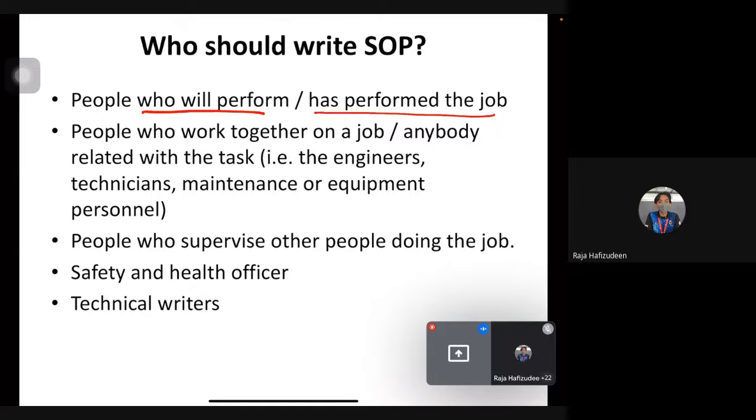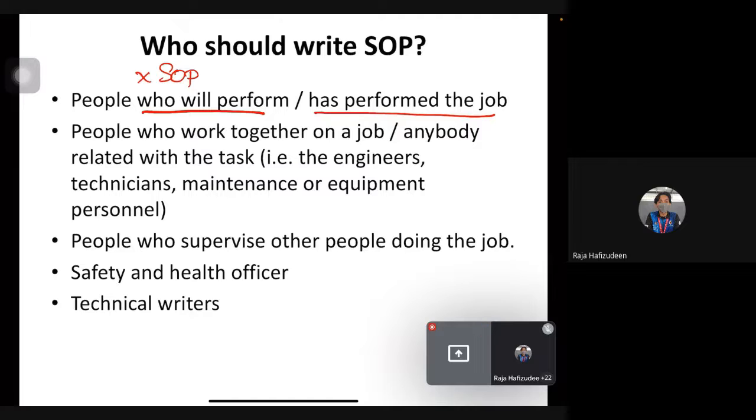Okay, all right. Let me help you. People who will perform the job: let's say you start working with a company and there is no SOP yet. You will be the first person performing the job.